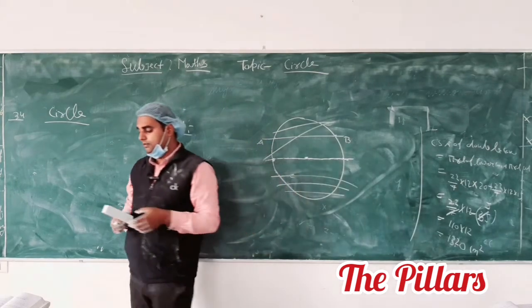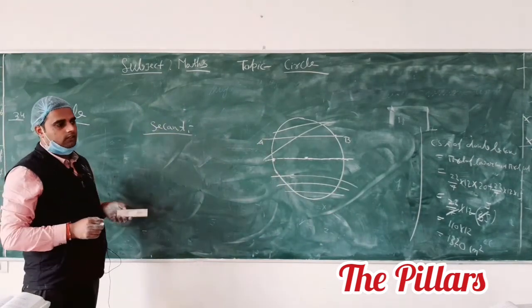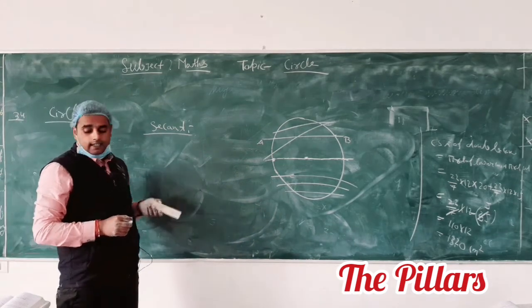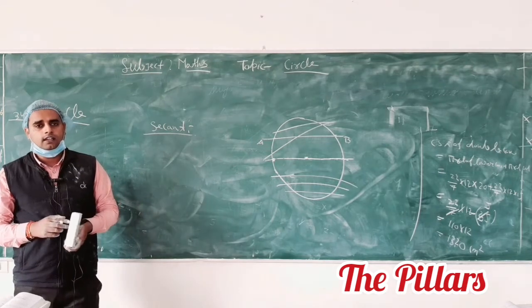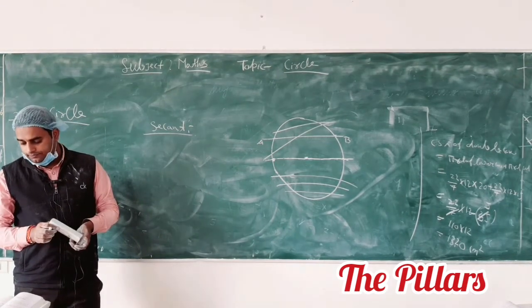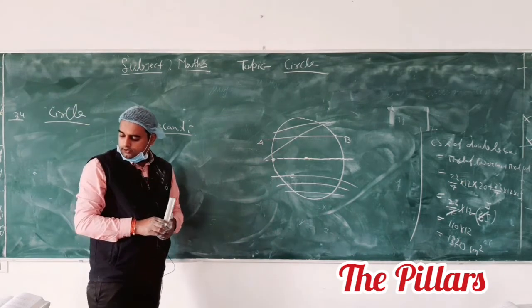Write down the definition of the secant. Secant: a line which intersects a circle in two distinct points.